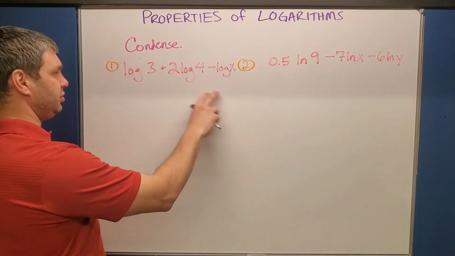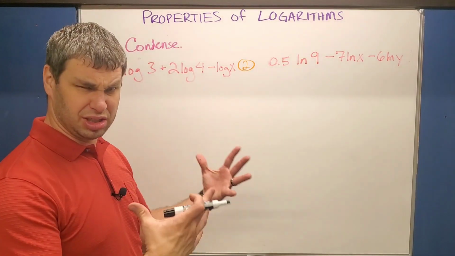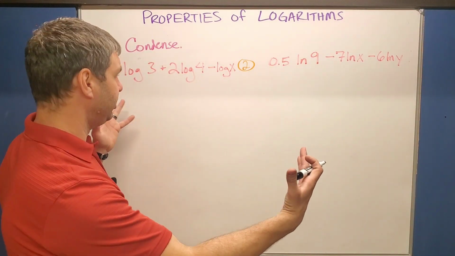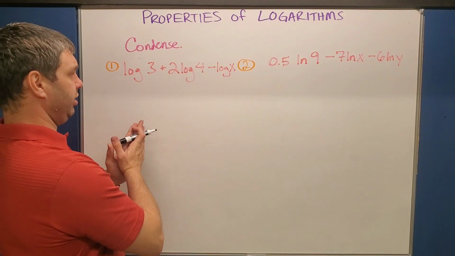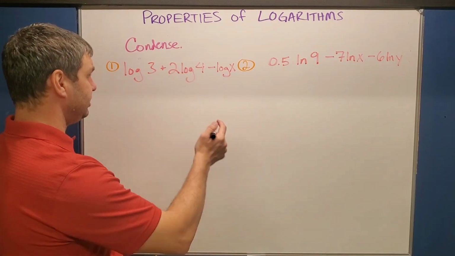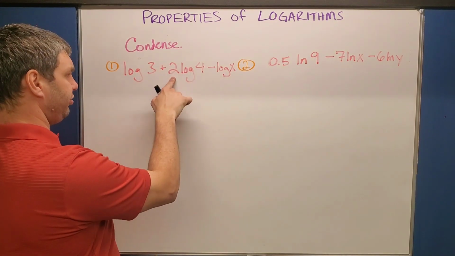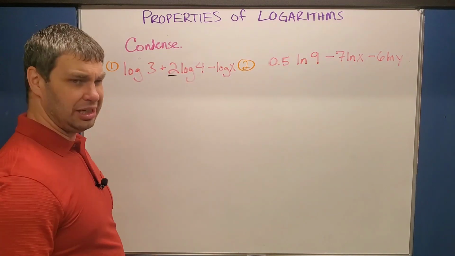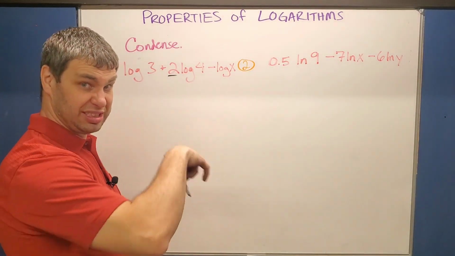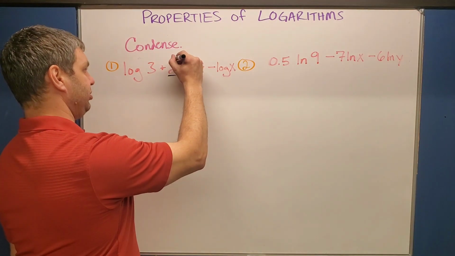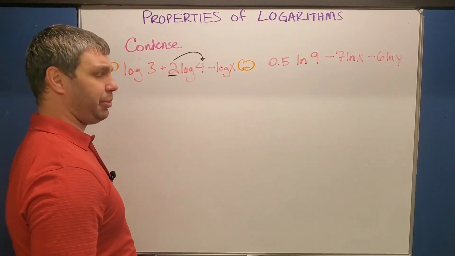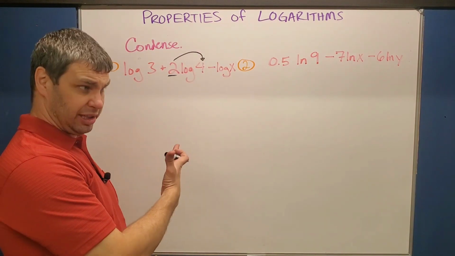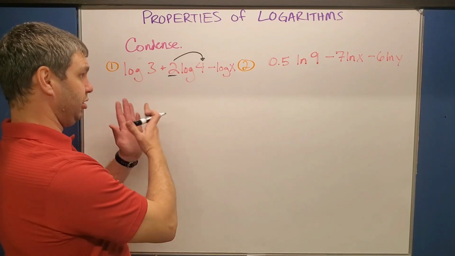Anyway, let's get into this first one where we are condensing this kind of big, long chain of logs, and we're going to put it together. What I like to do personally first is, anytime I see a number in front, like right here there's a 2, that's going to use the power property, where it goes up. I even sometimes draw an arrow to remind myself it becomes the power on what that log is of.